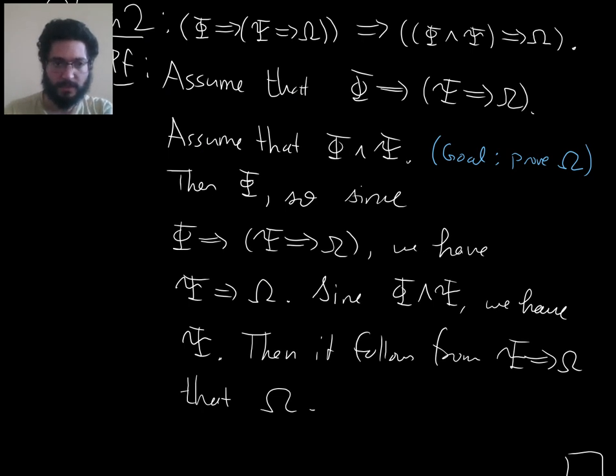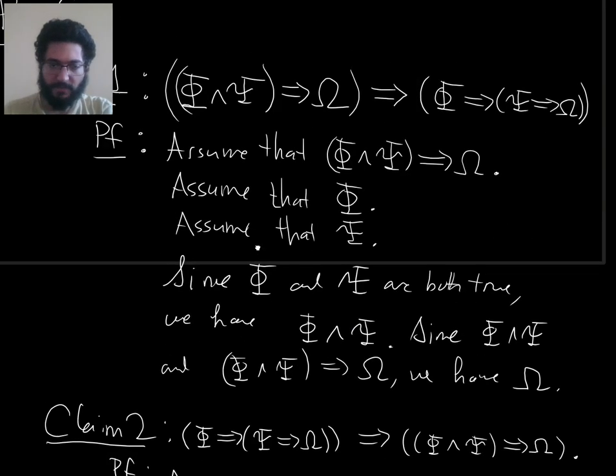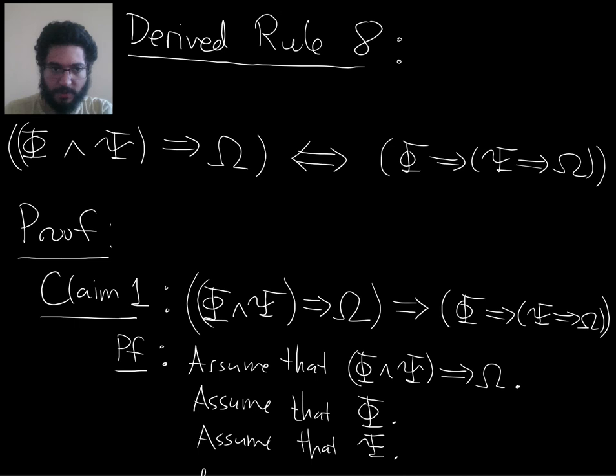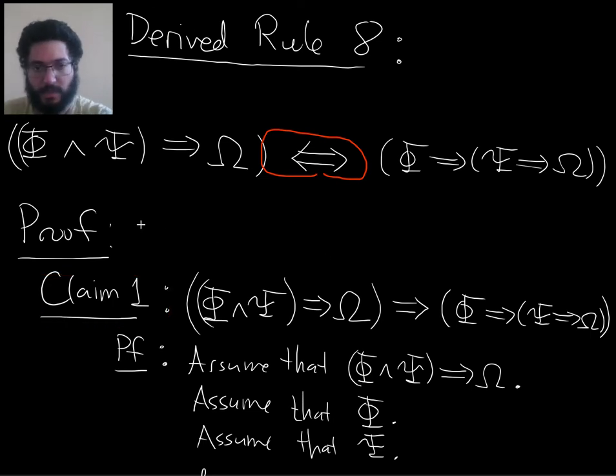And another point, so I've organized this by claims. So I've organized the proof of this if and only if by making one claim be one arrow and the other claim be the other arrow. Another way to organize things is just by paragraphs.